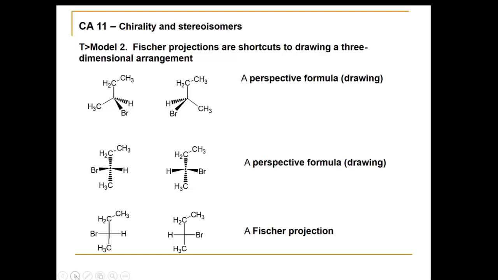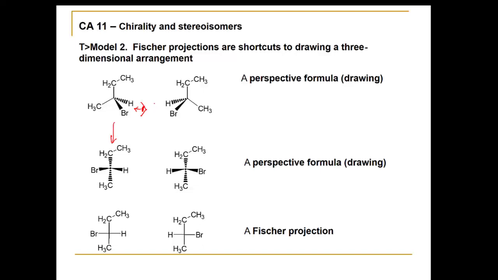So the idea is that you take that perspective drawing, which right now we're seeing from the side view, and we turn those molecules such that the atoms that are on the horizontal are coming out at us. Or another way of thinking about it perhaps is if we stick our eyeball right here and look at the molecule, we would be seeing this.